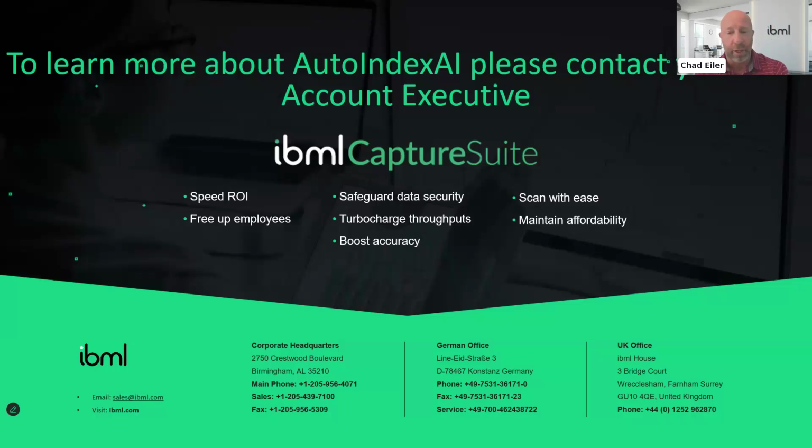Another question that we got is, most of the presentation was geared toward the auto indexing AI and the validation, but can the tool be used for more decision-making type of scenarios?